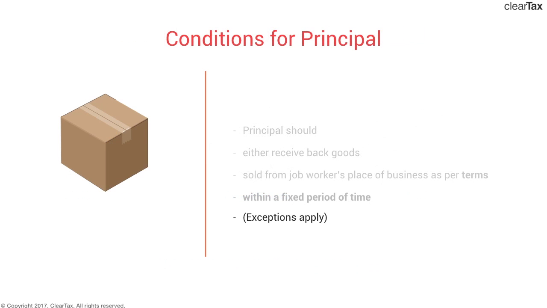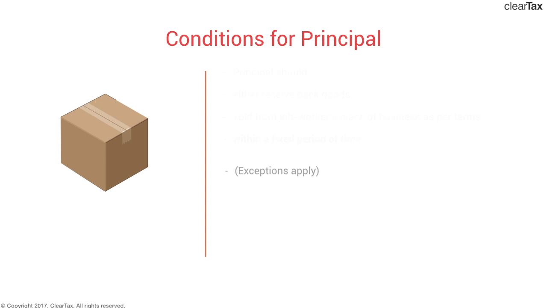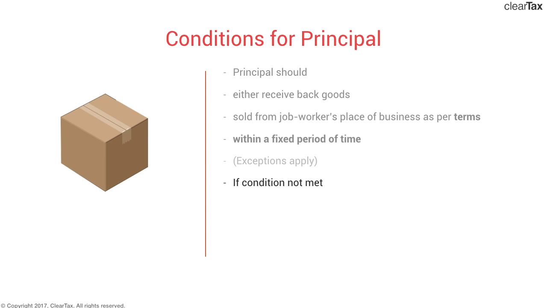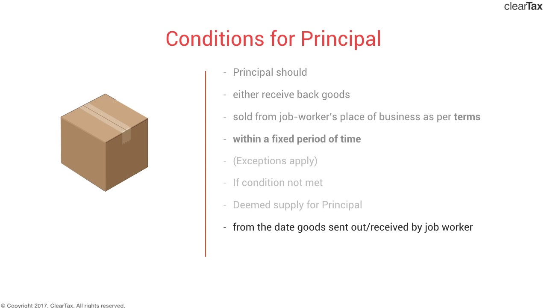So, if all these conditions are not met, that the principal doesn't receive goods back or doesn't effect a sale from the job worker's place of business within 1 year or 3 years respectively for input and capital goods, then his transfer of goods to the job worker is deemed as supply, deemed as sales for the principal from the date that the goods were sent out, if he is sending out from his premises, or from the date that the goods are received by the job worker if they are sent out directly from the supplier.